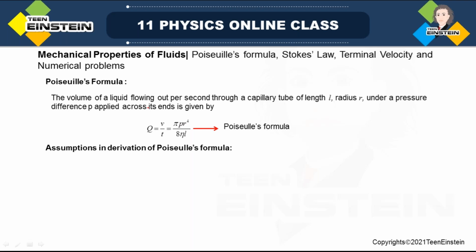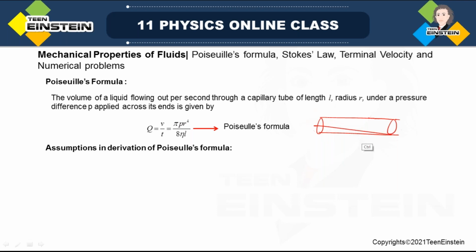First assumption is that the flow of liquid is steady and parallel to the axis of the tube. So I had drawn this tube, right? So first of all, the flow of the fluid has to be steady flow.